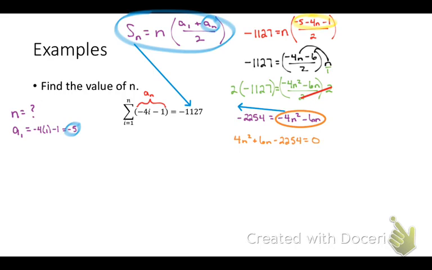Now from here you have a couple different options. I probably wouldn't factor this because you might be here a while. If there was only a formula that you could use, in this case, I would probably make this a lot simpler because everything's even and I would divide everything by 2.